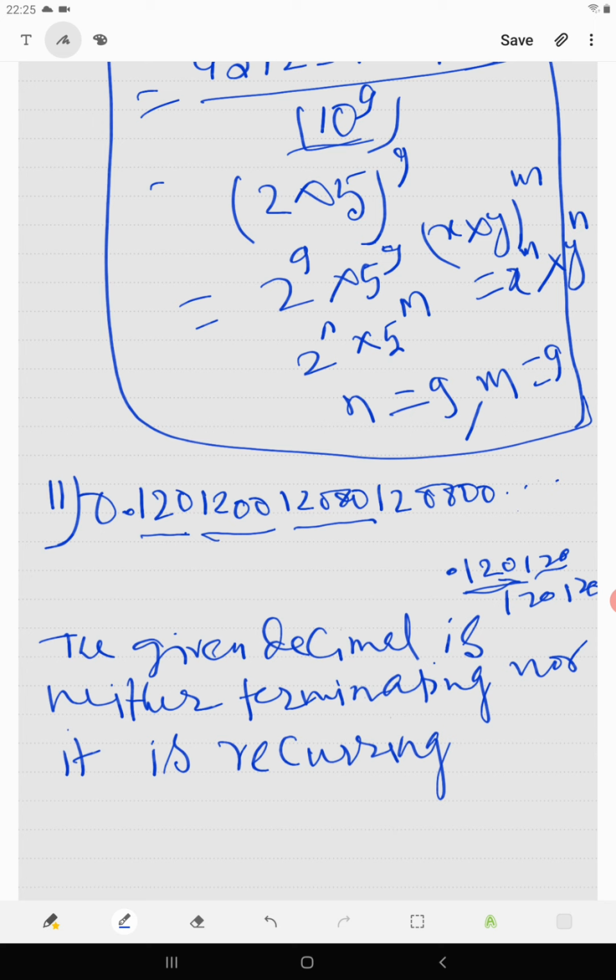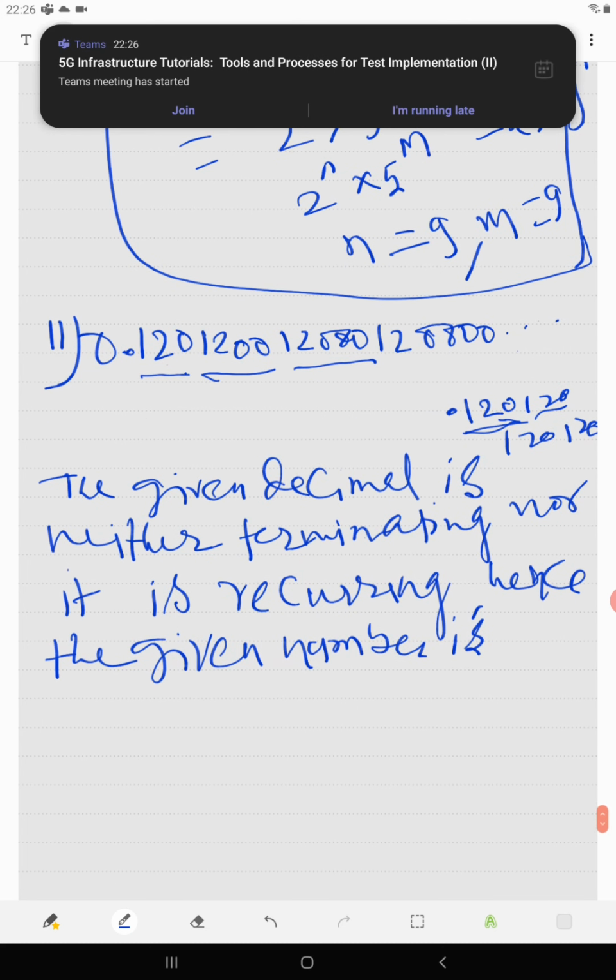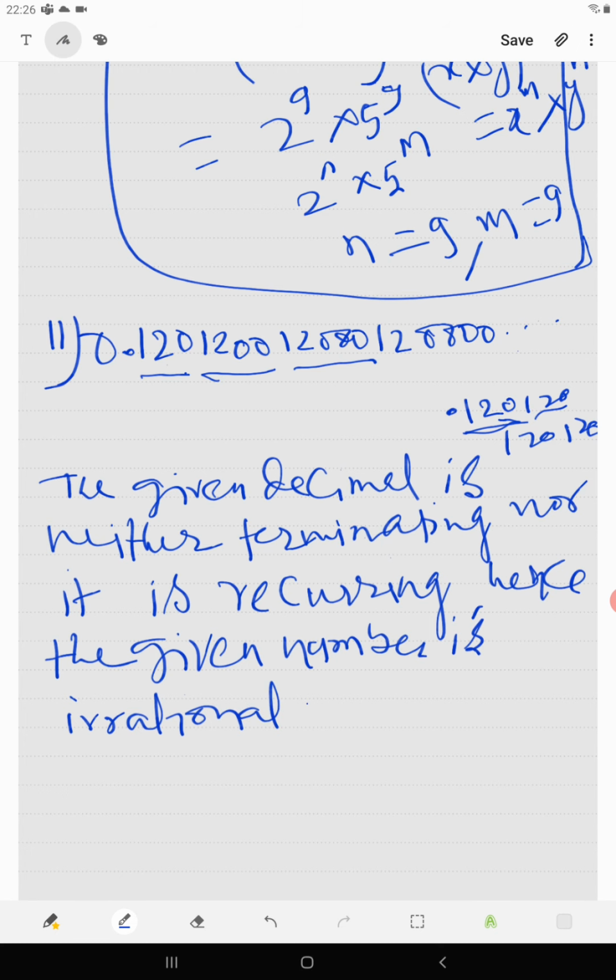If it was of that form, then it is recurring. But since the same digits are not occurring again, I mean after 120, if it was 120 only, but we have 1200, then again 12000, so it's not recurring. Hence the given number is irrational.